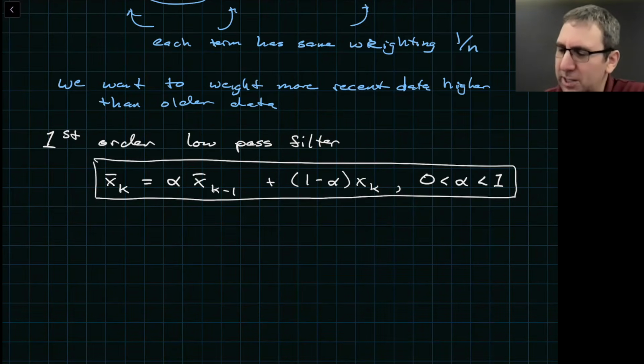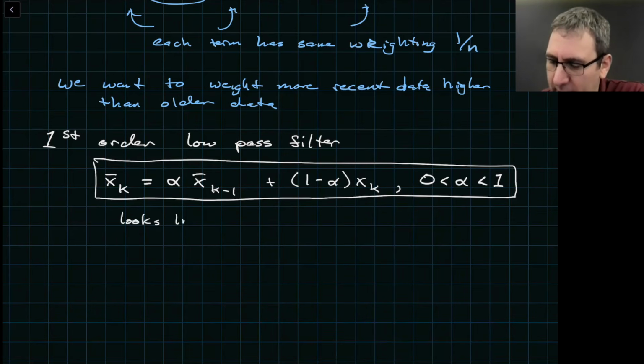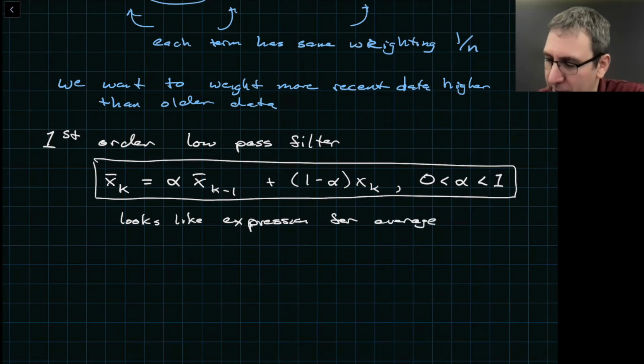And we will be able to see what alpha does. So this looks like the expression for the average. Not the moving average, just the average. But here, alpha is a free parameter that we get to pick.